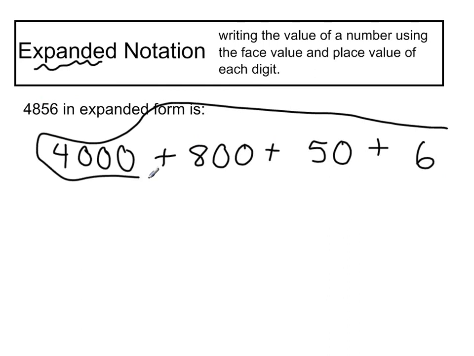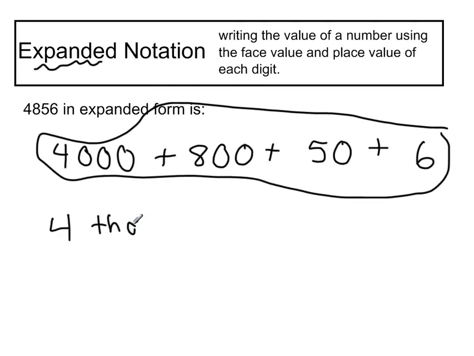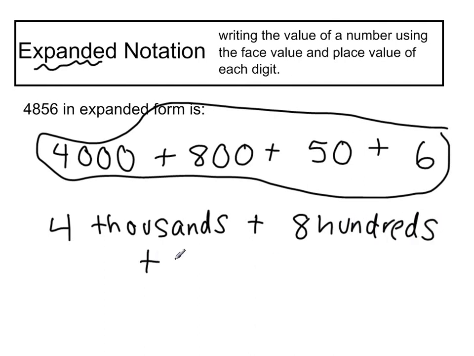There's a couple different ways out there. You might see it written as 4,000, and I'm sorry, that should be plural, 4,000s, plus 8 hundreds, plus 5 tens, plus 6 ones. And that's another way you might see it.